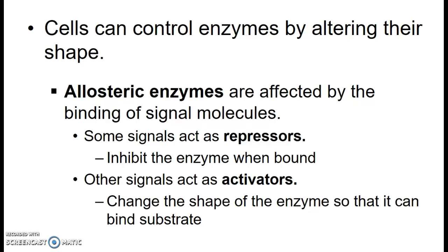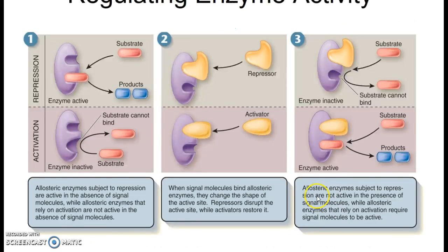So some signals act as repressors that keep the enzyme from working. Other signals act as activators, which make the enzyme's shape to where it can bind the substrate or the reactant.